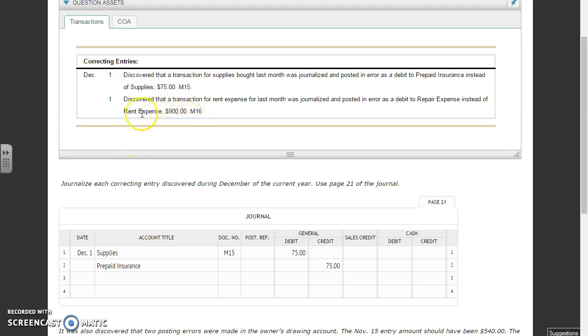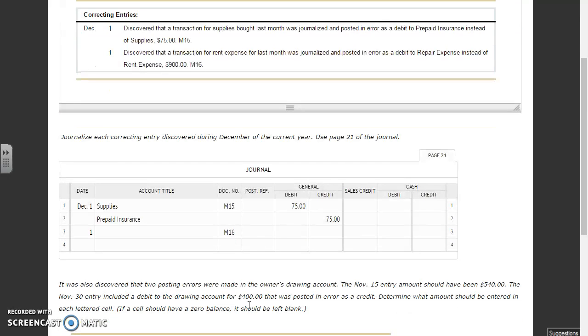All right, for the second one, December 1st, we discovered that a transaction for rent expense last month was journalized and posted in error as a debit to repair expense instead of rent expense, $900, memorandum 16. So our date again was the 1st. We can fill in memorandum 16. Now we accidentally debited repair expense. We weren't supposed to. In order to get rid of that, we'll credit it the same amount.